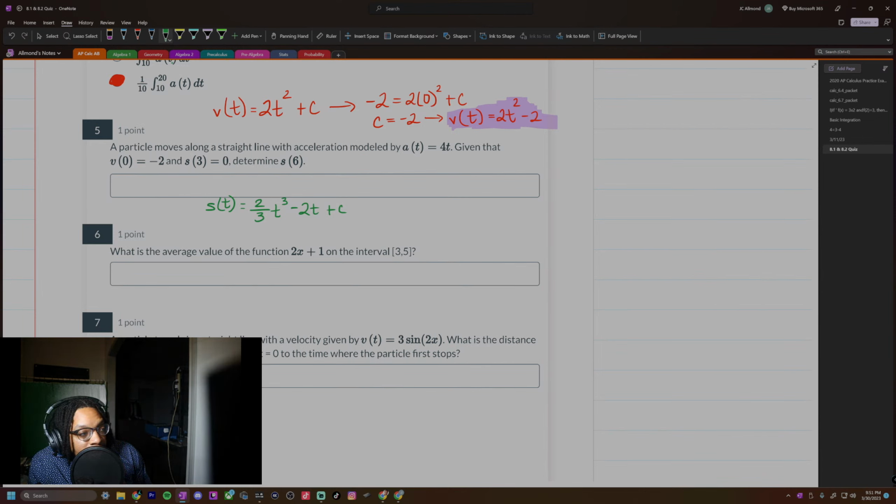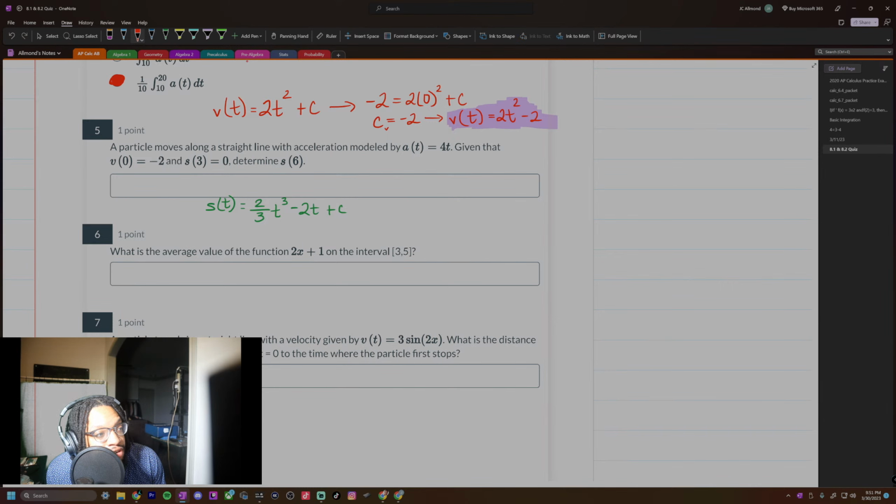Now I'm going to use my condition that S of 3 equals 0 to find my new value of c. I should have done this at first. The first c that I found, I should have called c sub v, for my velocity c value. What I'm about to find, I'm going to call c sub S, my position c value.